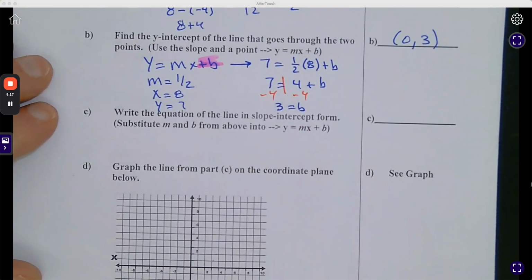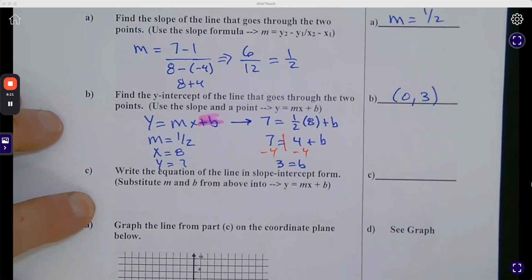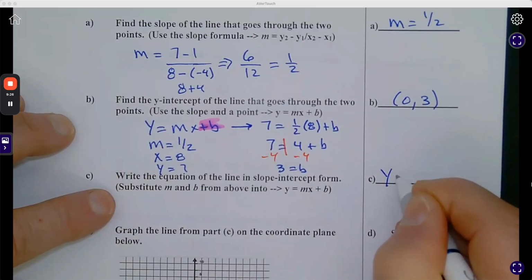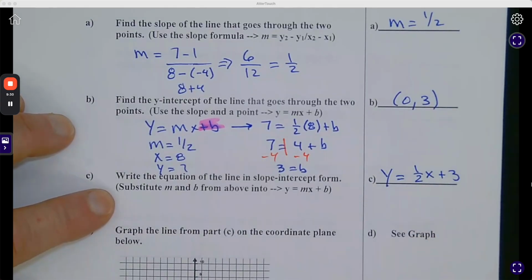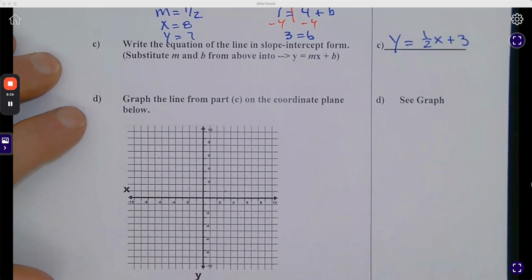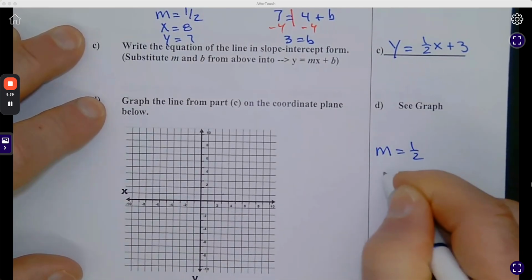It's in your notes. All right, write the equation of a line in slope-intercept form. Okay, I can do this with my eyes closed, standing on my right foot. Y equals m. My m is 1/2 x. B is 3. Money. Let's graph it. Okay, I'm going to graph it using the slope and the y-intercept. So my slope is 1/2.